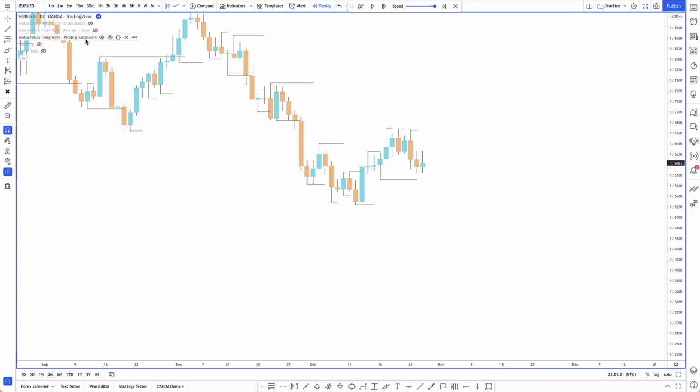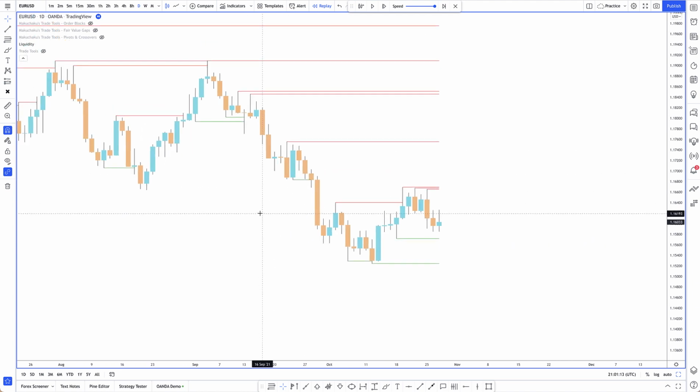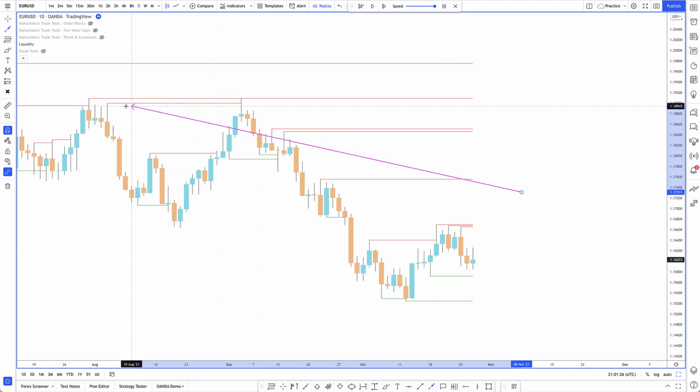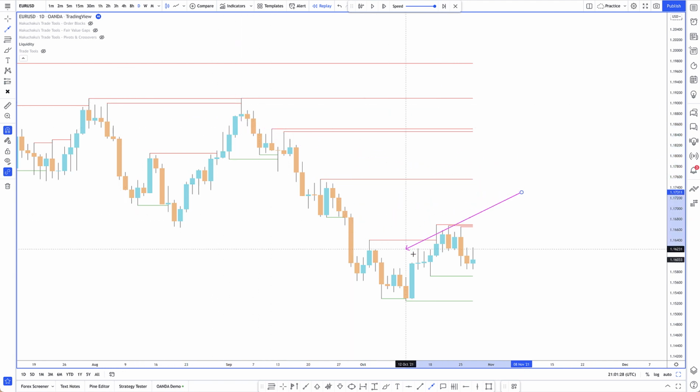Now, we don't have to do this by hand. We got a plugin to do that, an indicator to do that. And there are many strategies how you could understand the concept of liquidity, but what this liquidity indicator does is that it plots for you all the areas, pivot highs and pivot lows, that were not taken out by price.